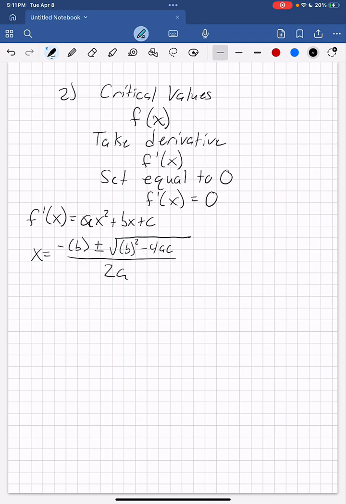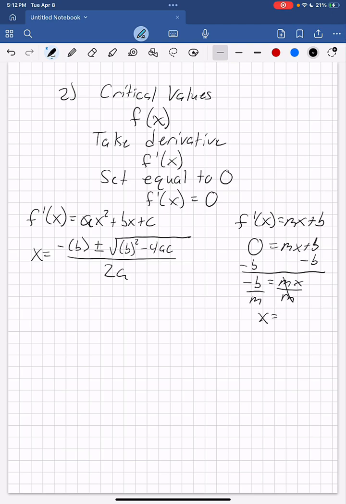Okay. If it is linear, so it looks something like 2x plus 5, then what you'll do is you'll have 0 equal to mx plus b. You'll subtract the y-intercept over, and then you'll have to divide by whatever accompanies the x.